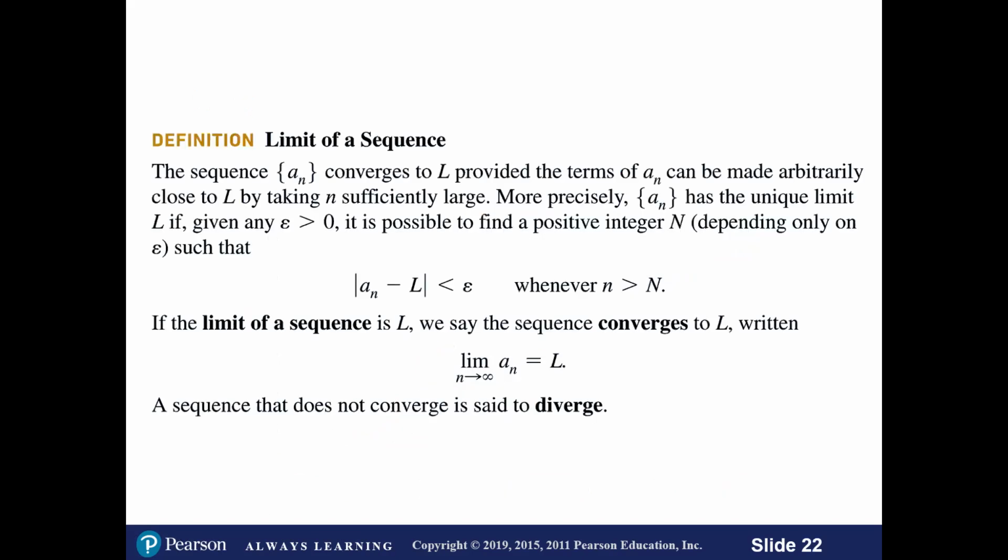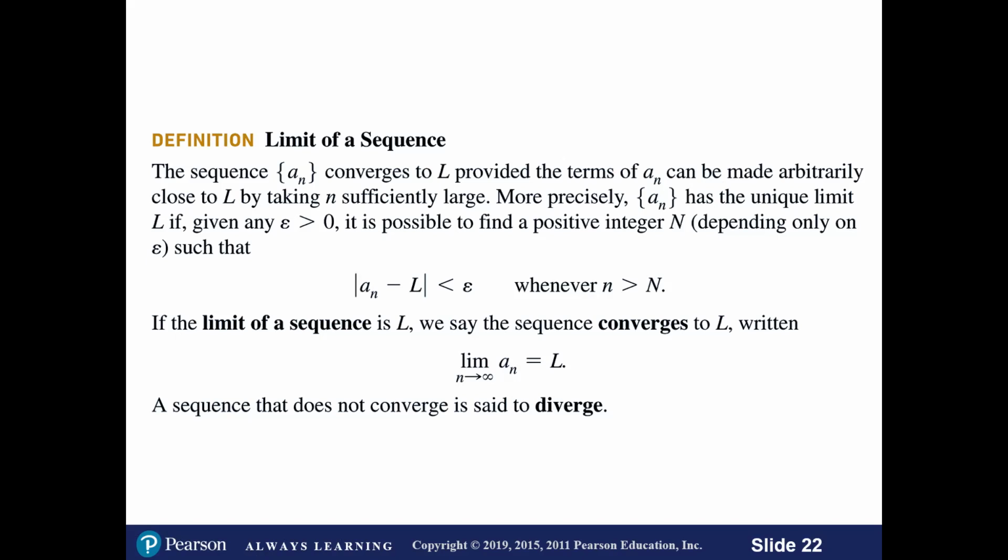All right, final topic is the limit of a sequence. Okay, so the formal definition of the limit of a sequence, and I'll try to do some examples of that in an upcoming video. The formal definition of the limit of a sequence is very, very similar to the formal definition of the limit of a function.